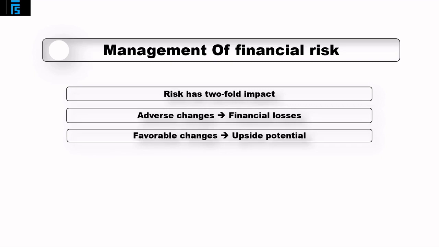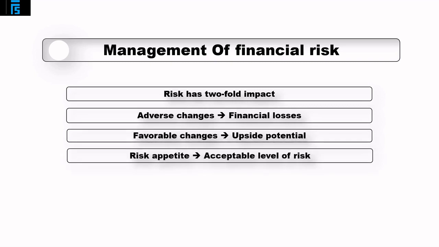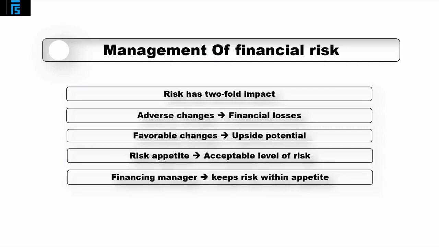From this perspective, each company has to determine the level of risk it is willing to accept, referred to as its risk appetite. Carrying out the provisions of a risk management policy by the financial manager of a company requires keeping the relevant risk factors such as currency risk, interest rate risk, and credit risk within the limits determined in accordance with the risk appetite of the company.